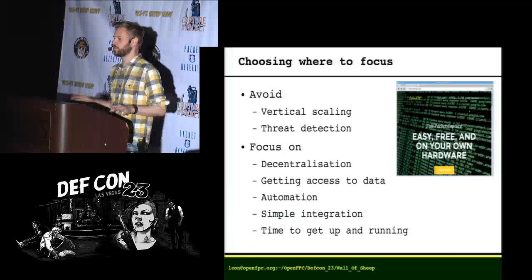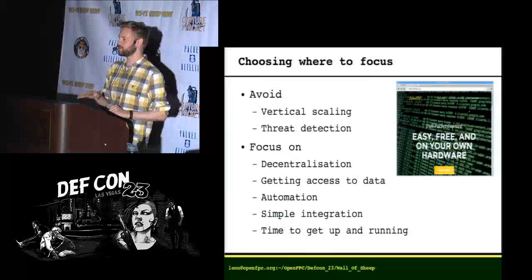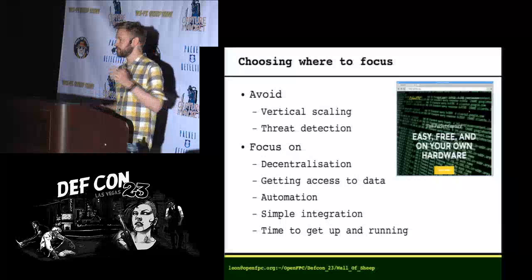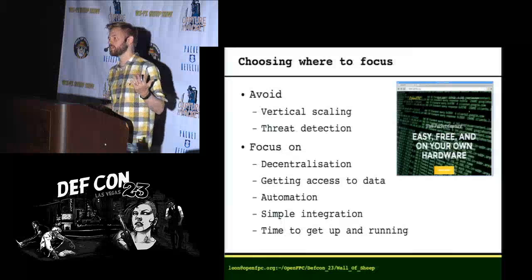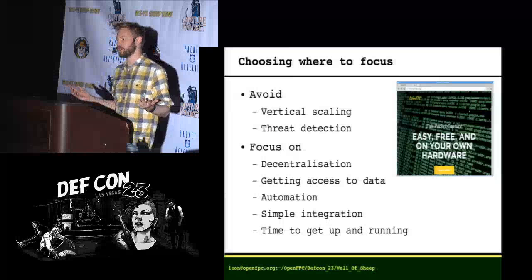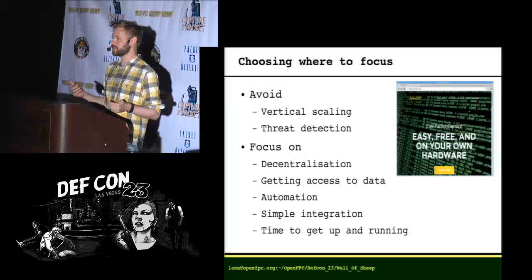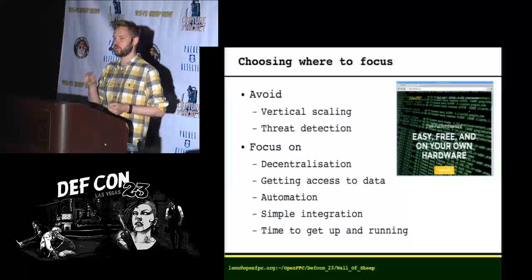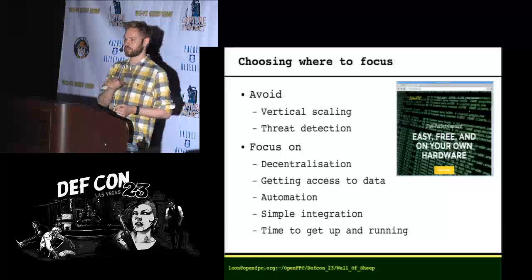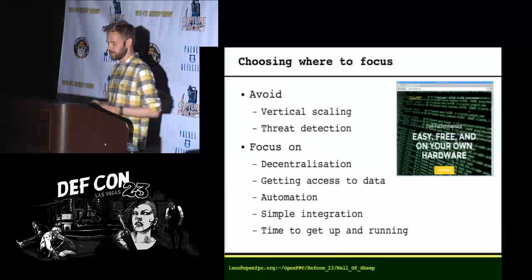I also didn't want to focus on threat detection. Remember, OpenFPC was designed to integrate with existing tools you have, such as next-gen firewalls, web application firewalls, advanced malware protection technologies, IDSs, whatever it may be. So I wanted to remove any form of threat detection from it itself. The assumption is you want packets because another tool has told you you should go and have a look at those packets.